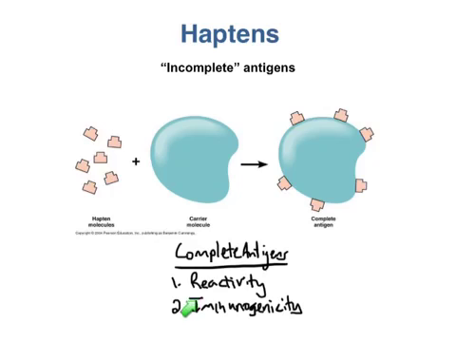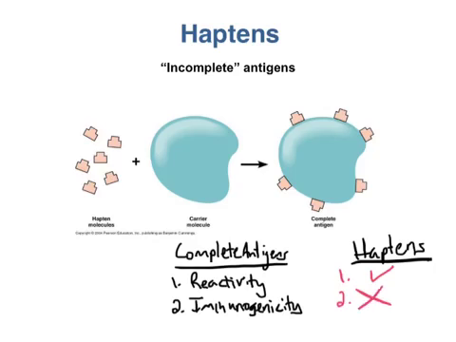All right? Haptens, these guys that you're looking at here on this slide, have reactivity, but they don't have immunogenicity, right?